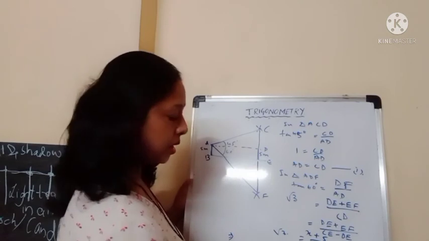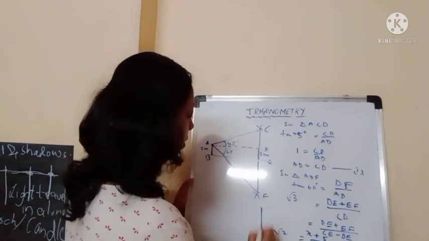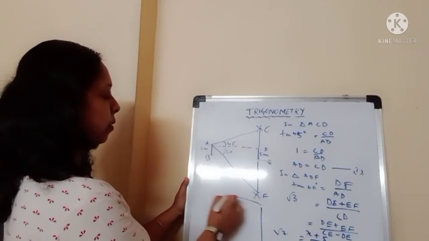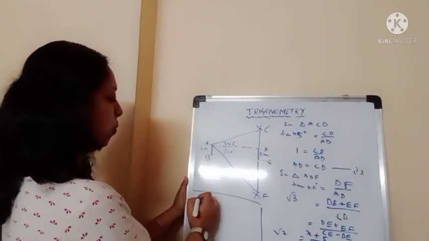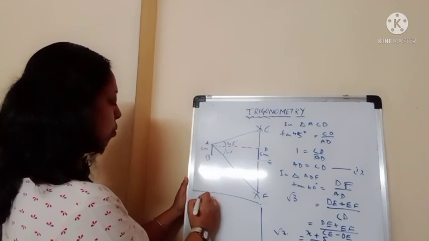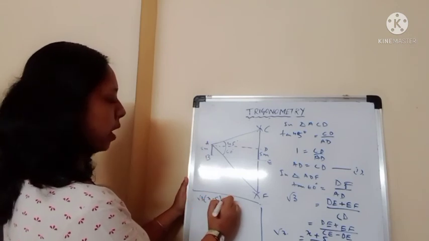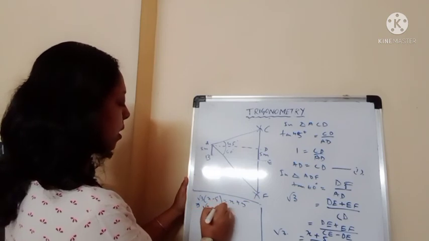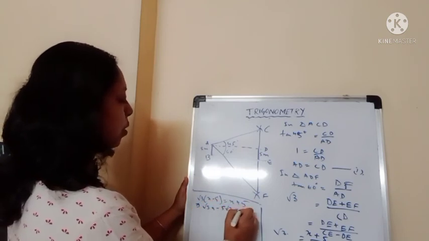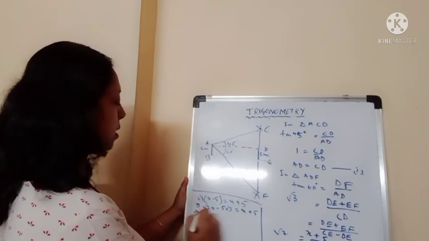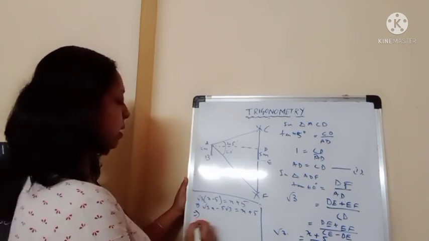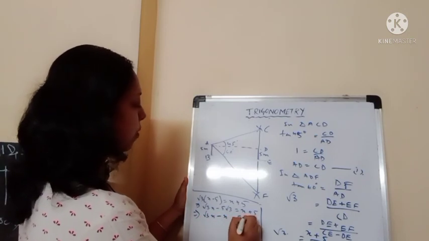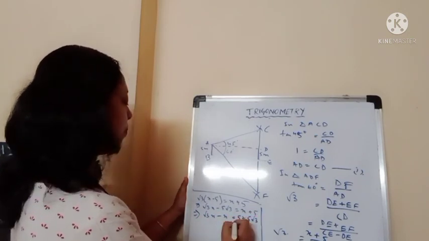Let's solve it. I'm solving it over here. Root 3 into (x minus 5) equal to x plus 5. So root 3 x minus 5 root 3 equal to x plus 5. Let's take the x terms on the same side. So root 3 x minus x equal to 5 plus 5 root 3.